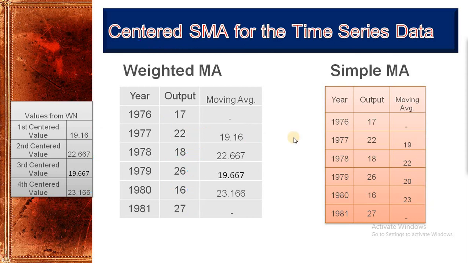The unequal weighted moving average is much better and recommended, because it will smooth the result far better than the simple moving average method. But here, comparing the simple moving average method to the weighted moving average method, there is not much difference as such. Then let us see the trend.